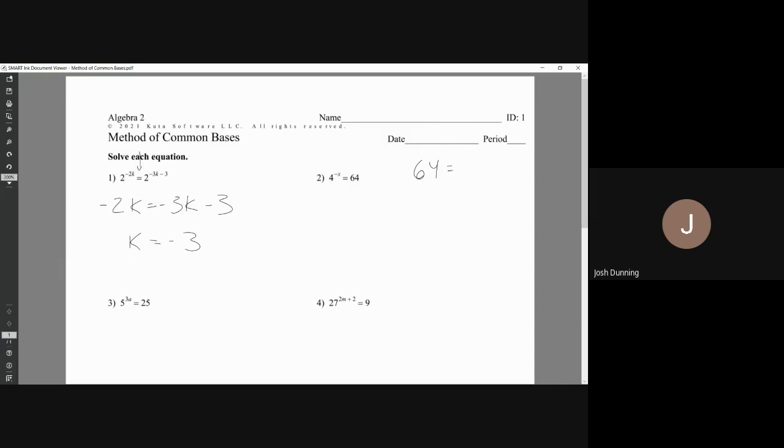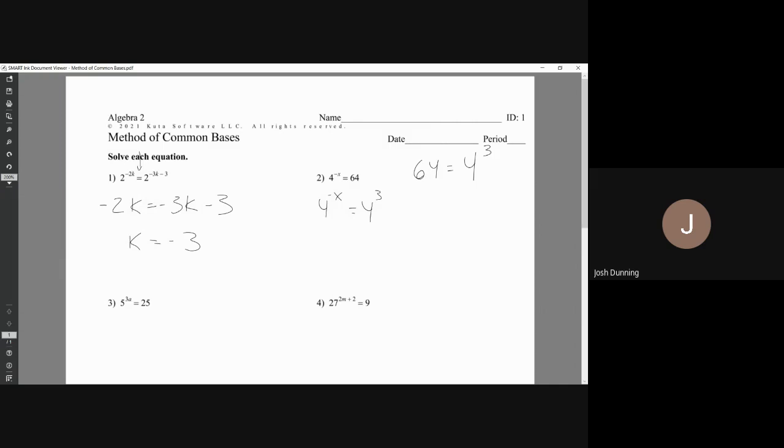I'm just illustrating. 64 is 4 to the third power. 4 times 4 is 16, times another 4 is 64. So all we got to do here is just replace, and this is what you have to show. That's like the bare minimum amount of work here so far.